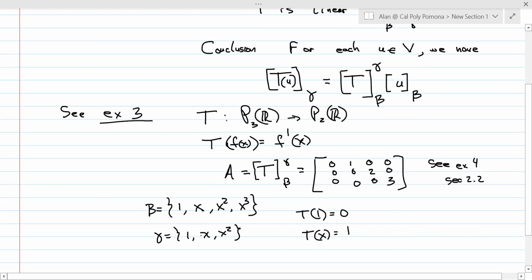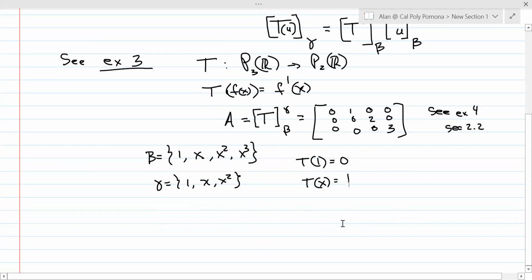And now if you put that in terms of this basis, you'll just get 1, 0, 0, which is the second column here. So this is the usual thing. You figure out where the base vectors go and turn them into columns to form this matrix. So I'm just reviewing that quickly.